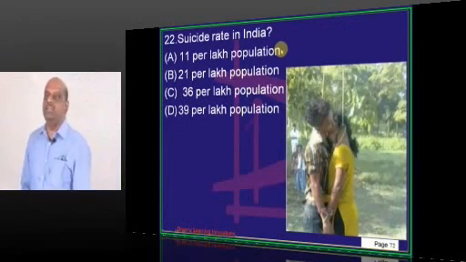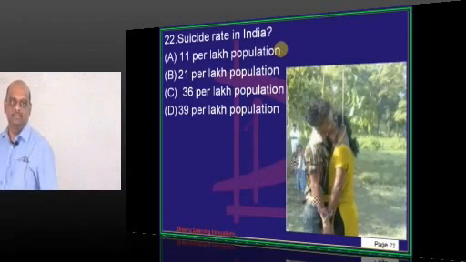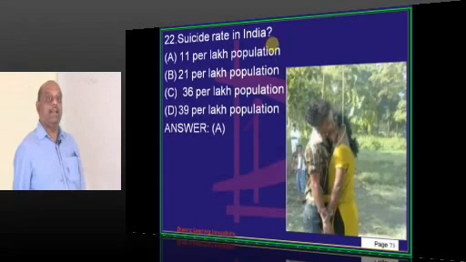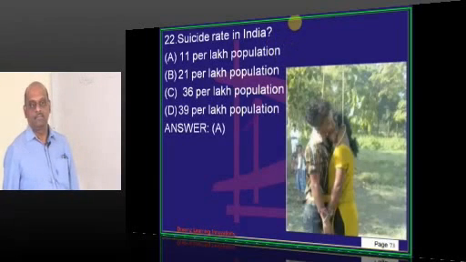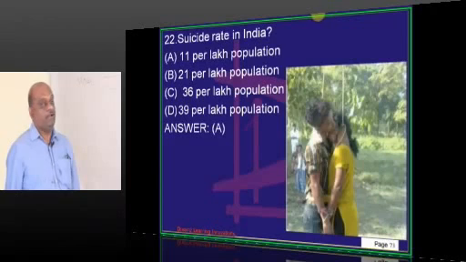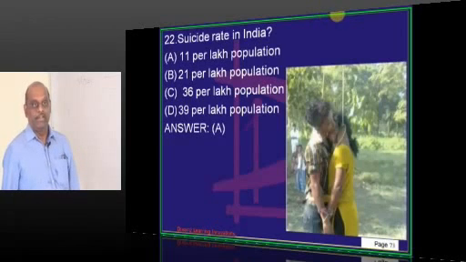What is the suicide rate in India? 11 per lakh population. Thank God, not 11 per 100. Medical school admission is 100, but generally in a medical college how many will be there? Earlier days, the highest suicide rate was in medical school.